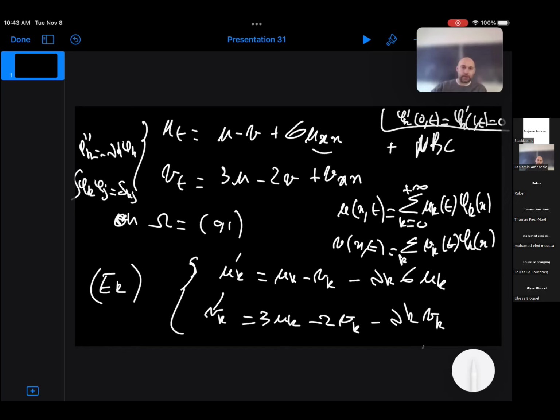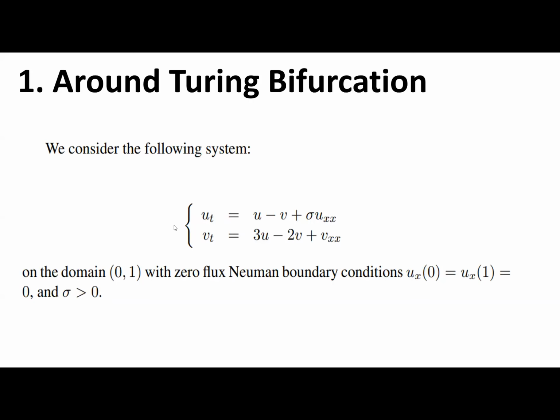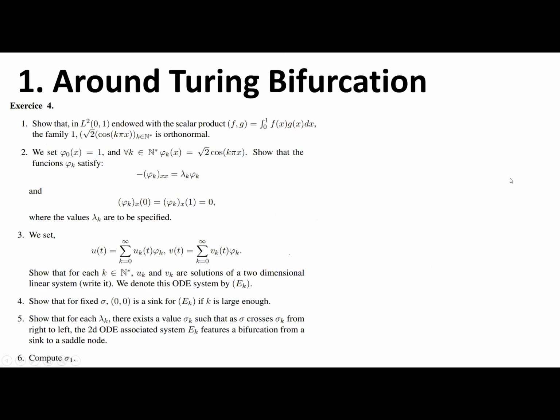With that in mind, we did this exercise, and we showed that, studying all the EK, for each K, when we vary sigma, there is a qualitative behavior.